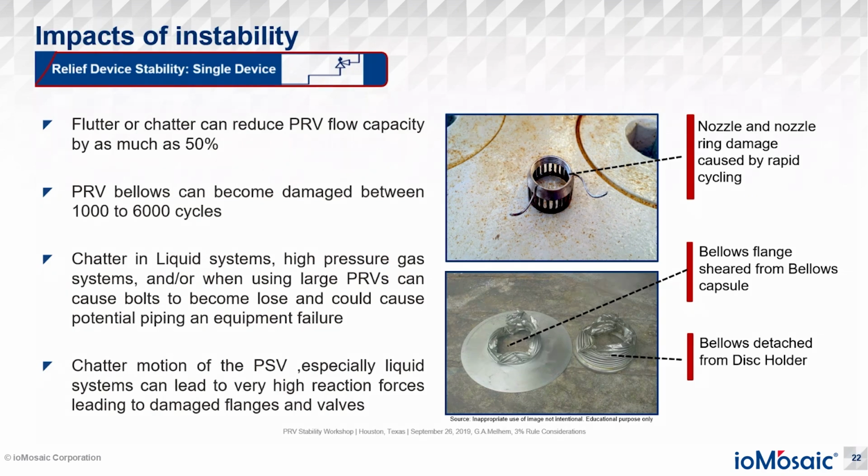You could cause severe damage to valves, you could cause severe damage to bellows, and you can actually reduce your capacity by as much as 50%. That will cause a greater accumulation of pressure within your protected vessel during an overpressure scenario. So all in all, instability of your relief device is incredibly important.